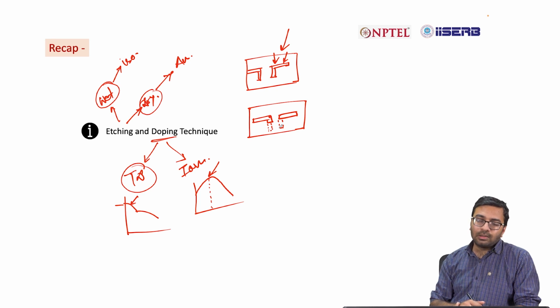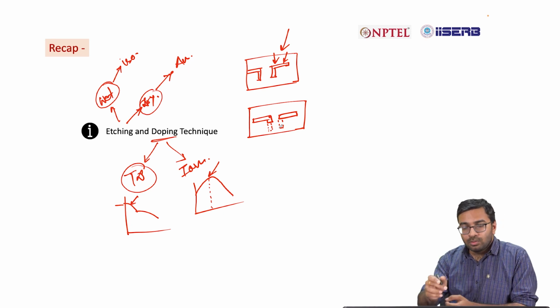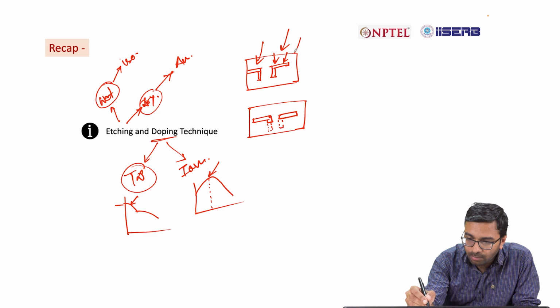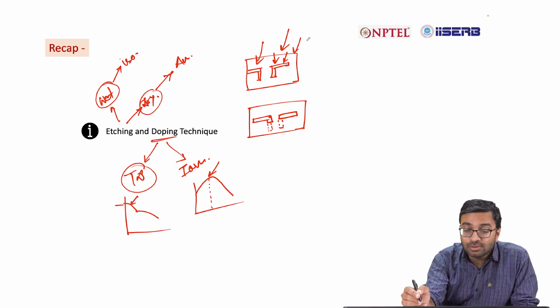Most of the structures that we develop in devices and sensors are in the range of micrometers or less. That's why we are unable to see those structures properly with the naked eye. That's why we need to take help of different microscopy techniques.